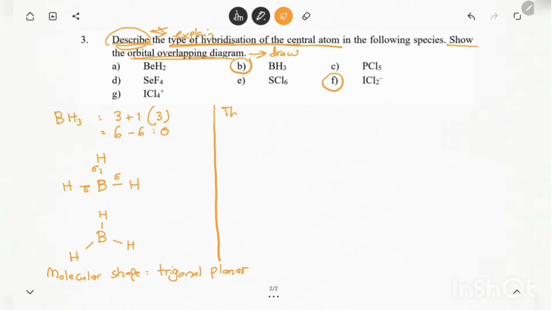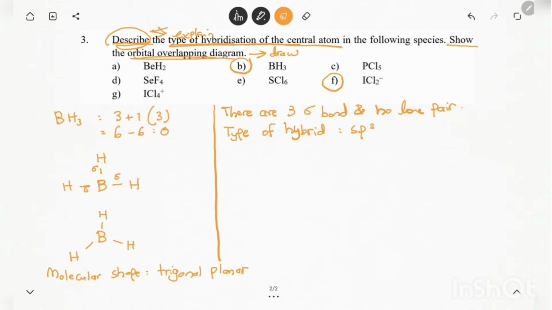So there are 3 sigma bonds and no lone pair. Therefore, the type of hybridization is sp2.